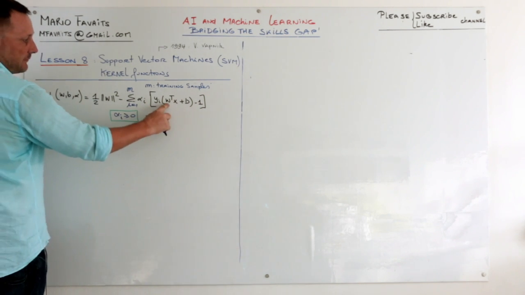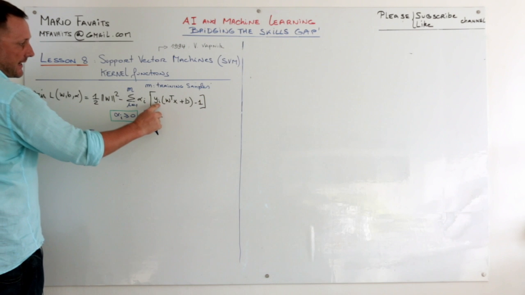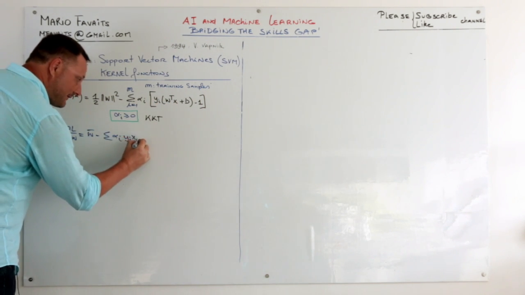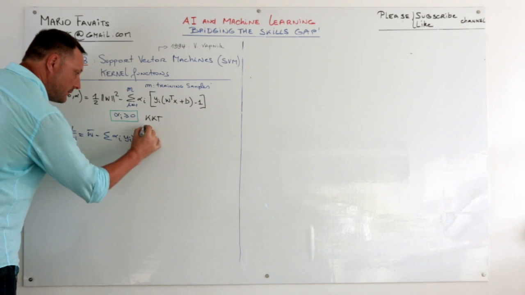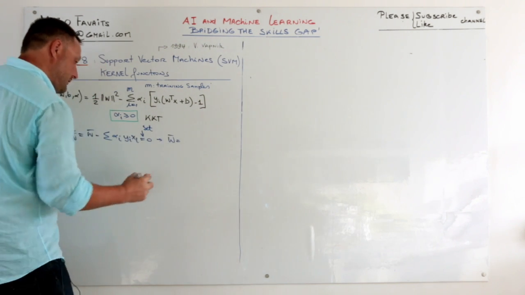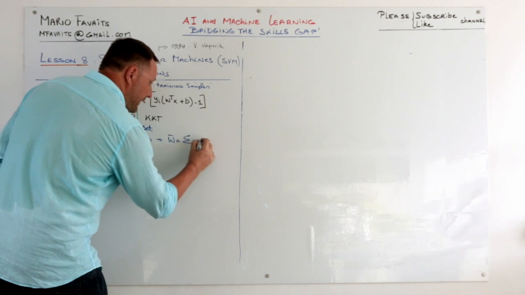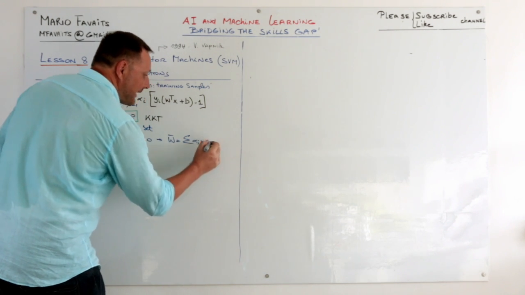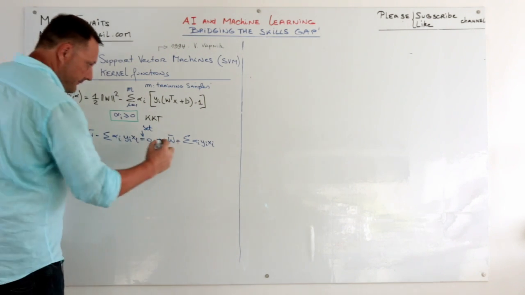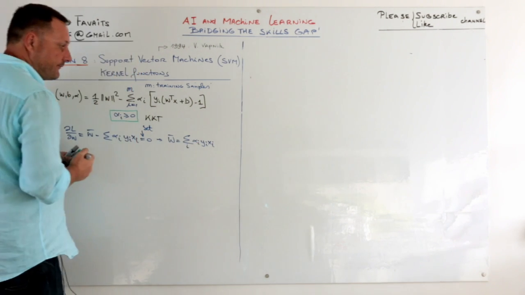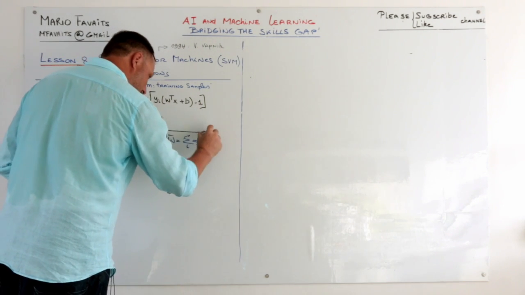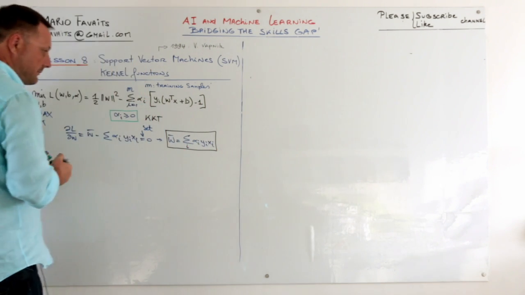The only term with w is this one, so alpha i, yi, xi. This we set to 0. So that means that w is nothing more than the sum of alpha i, yi, xi. It's a linear combination of the samples. This is our first expression for w.